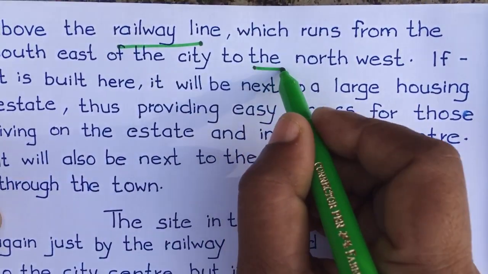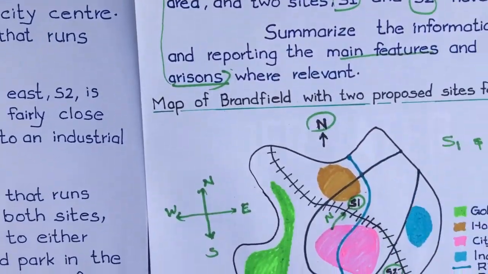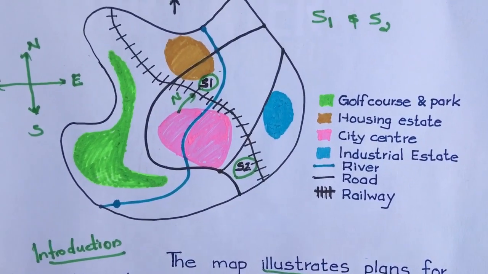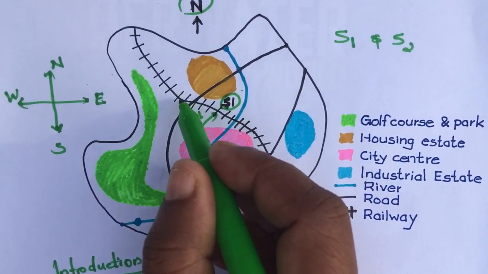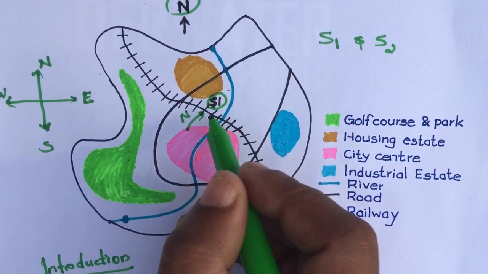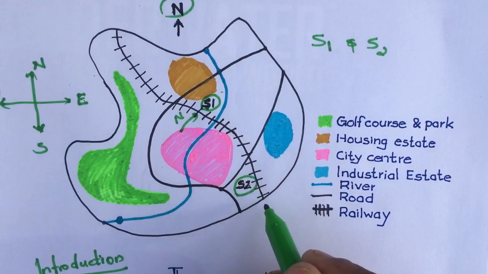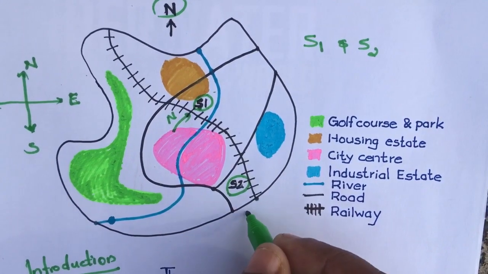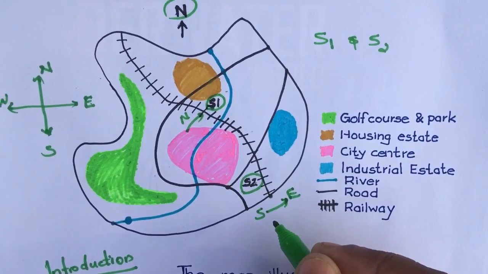I am going to explain this with the help of the diagram. Let's move to the diagram first. S1 is north of the city center, above the railway line. Here the railway line is moving, just above the railway line, and it runs from the southeast of the city to the northwest. That's why I have mentioned southeast of the city to the northwest.